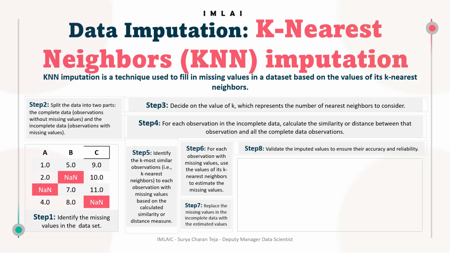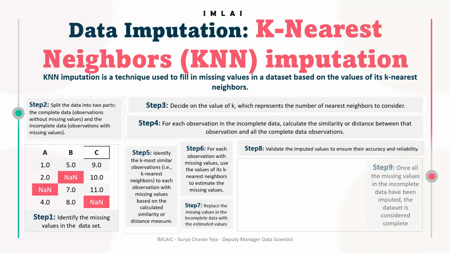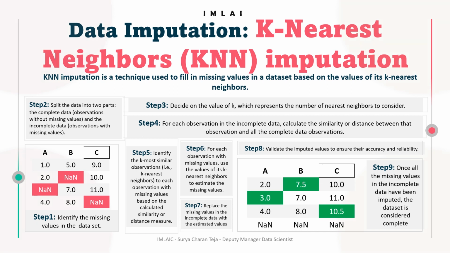Then the last step, complete data imputation. Once all the missing values in the incomplete data have been imputed, the data set is considered complete and can be used for further analysis or modeling.